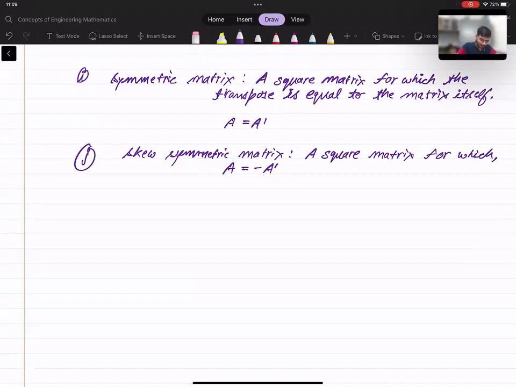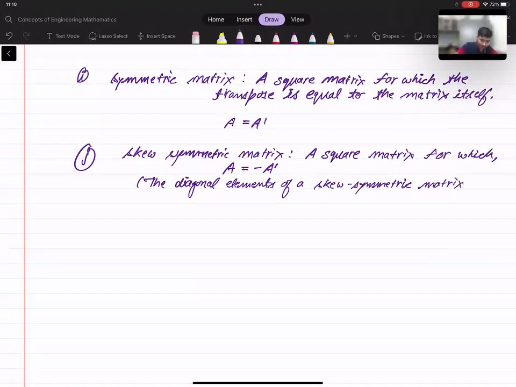Complex means purely imaginary, not actually complex, purely imaginary. So the diagonal elements of a skew symmetric matrix are zero or purely imaginary.